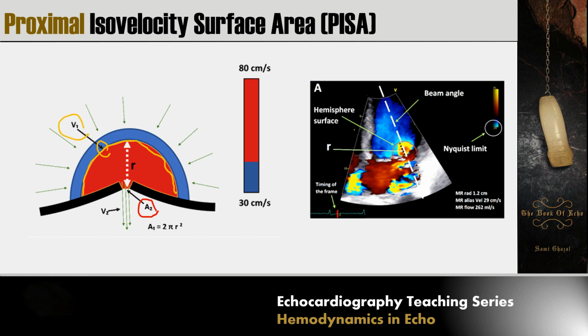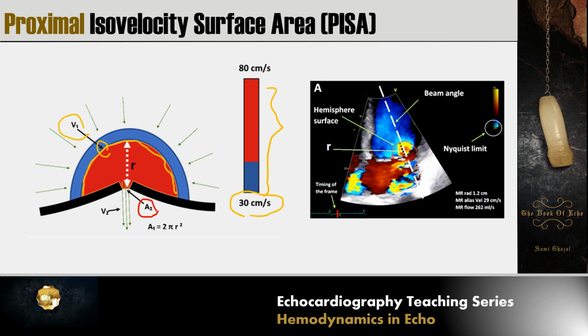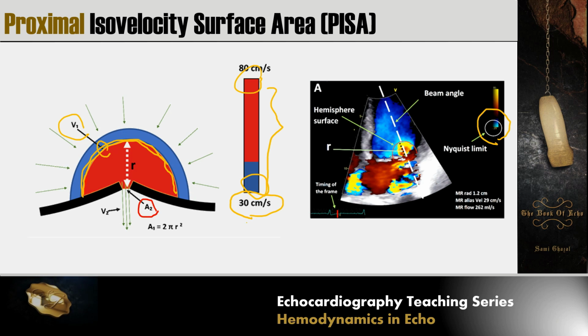We change this Nyquist limit here to decrease the velocity, in order to change color when the flow reaches that exact velocity. In this example, it is 30 centimeters per second. So whatever reaches 30 centimeters per second will change color from blue to red or yellowish tint. So now we know that everything on that surface is 30 because we already made the settings.